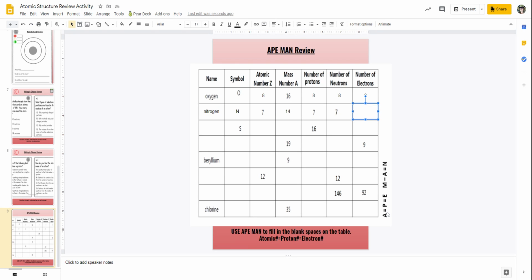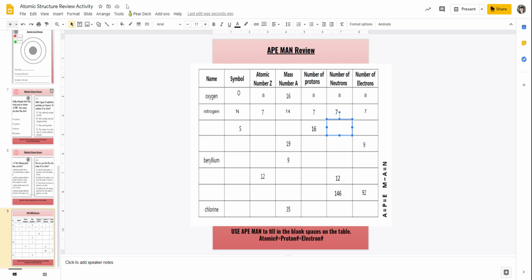Well, APE tells me that the atomic number, the protons, and the electrons are all the same. So if I need electrons and I have atomic number and I have protons, then I already know electrons. I just need to type 7 in there. Okay, so you guys should be able to finish completing the rest of this chart.